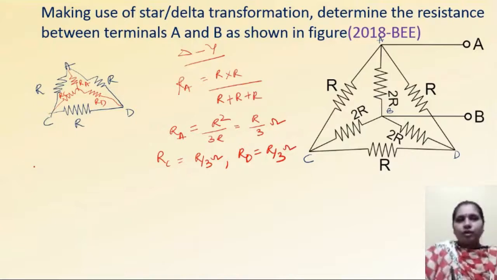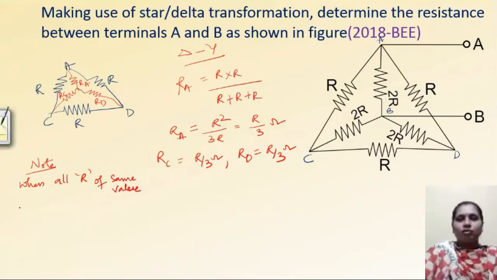One more point you need to note down is, whenever the same value of resistors are connected in delta or star, to convert from one form to another, we can directly use this. When all resistors are of the same value, then to convert delta to star, you can see that delta has 5 letters and star has 4 letters, so it is converting from 5 to 4, that is a decrement.